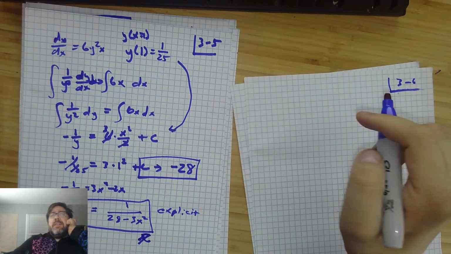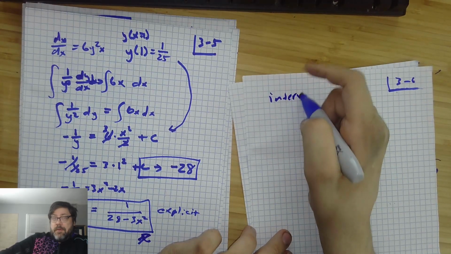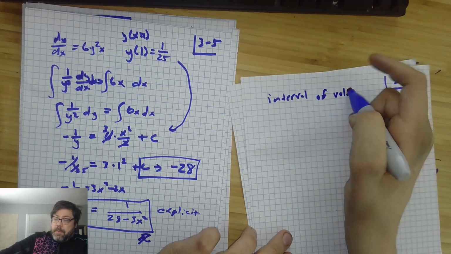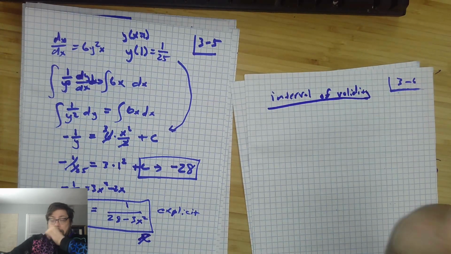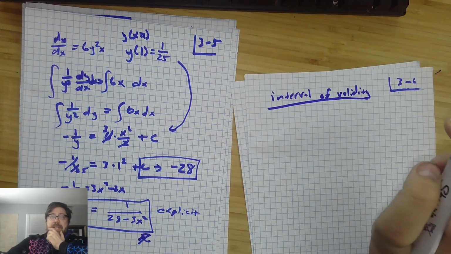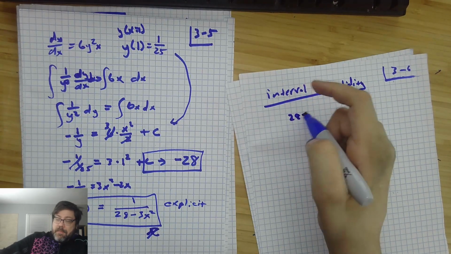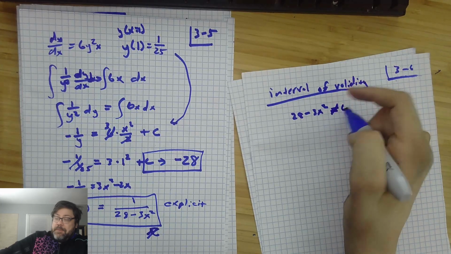So we want to look at what's called the interval of validity in this case. So what's the interval of validity? Well, obviously 28 minus 3x squared cannot equal 0.